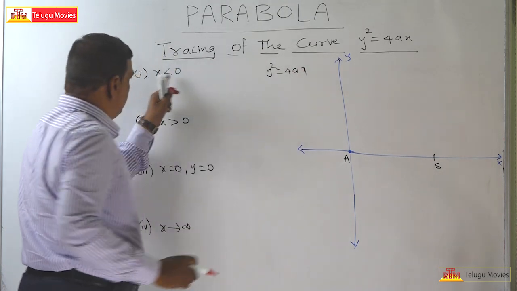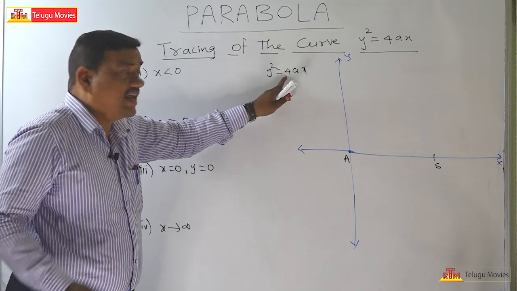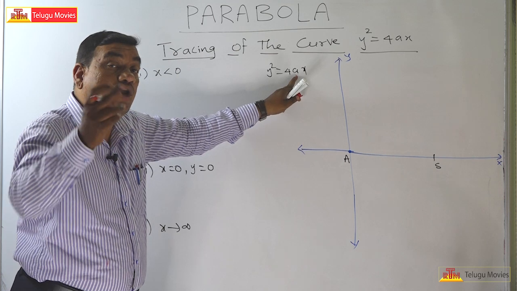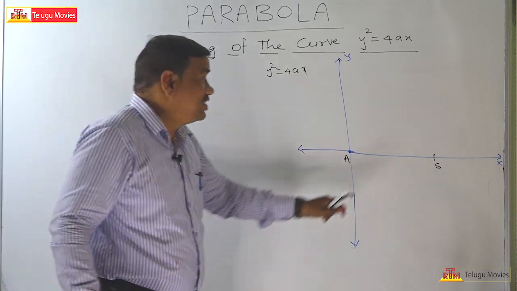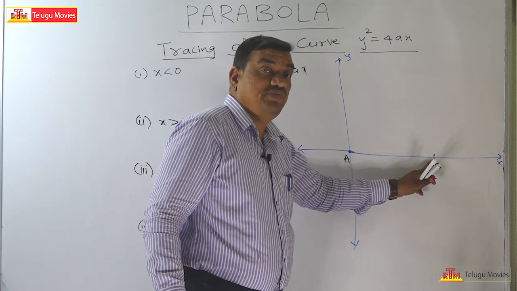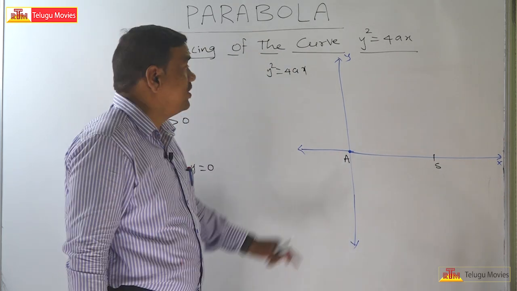First let us take x less than 0. X less than 0 means the right hand side of the equation will become negative. Why? Because A is a positive value. A is positive because A is the distance between the focus and the vertex, and distance is always a positive quantity.